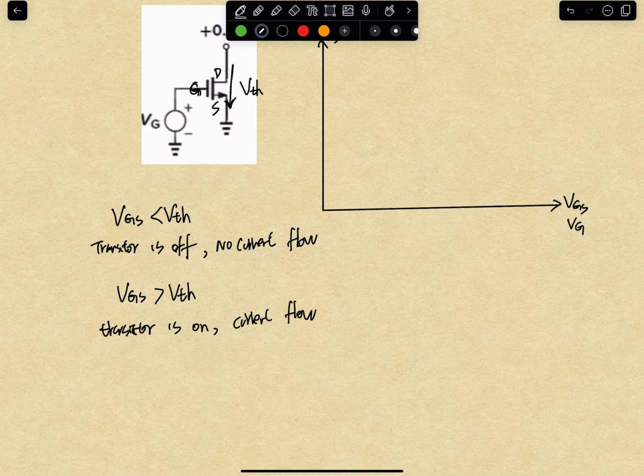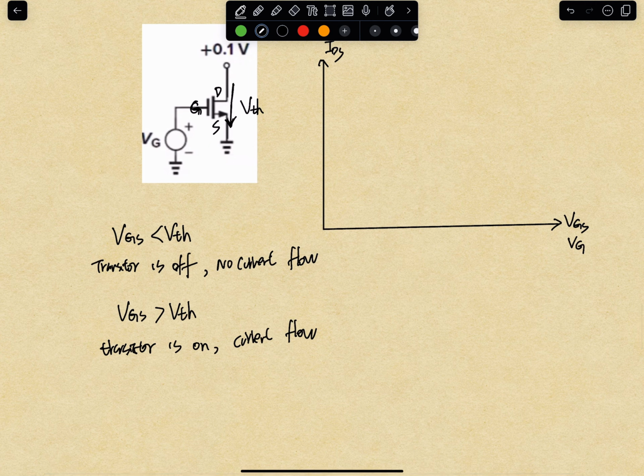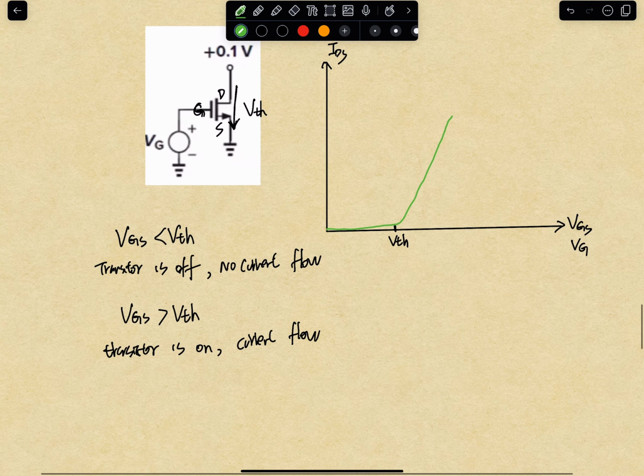It will reach its maximum value. So let's draw it. Let's consider this point as VTH. Initially there's no current flow or little current flow. At VTH, it will turn on the transistor, so there will be current flow, and it will increase. So that's the VGS versus IDS.